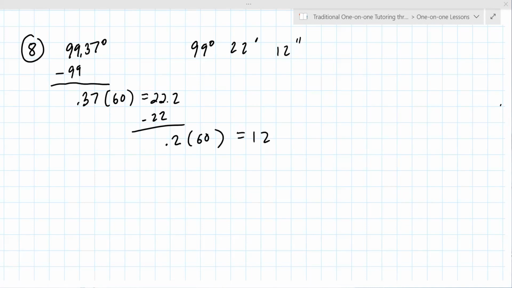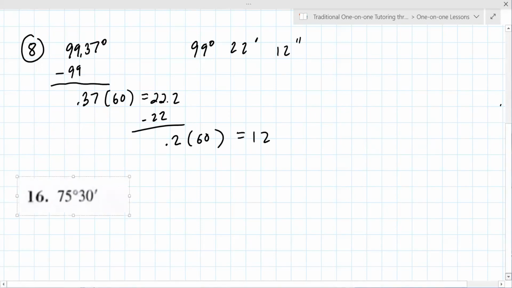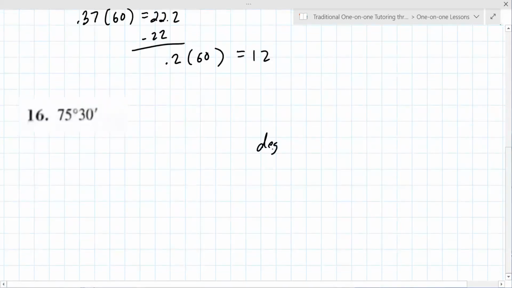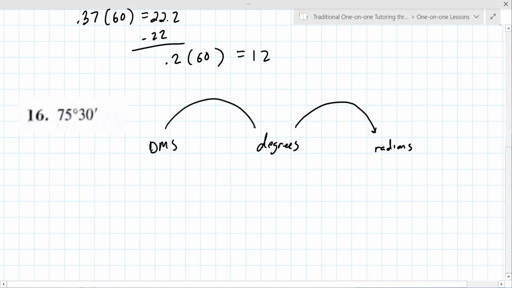Lovely. So more of these conversions here. 16 is to convert from degrees, minutes, seconds to radians. So to do this, for now you're in degrees, and then you're going to be going to radians. It's saying convert this DMS first into degrees.